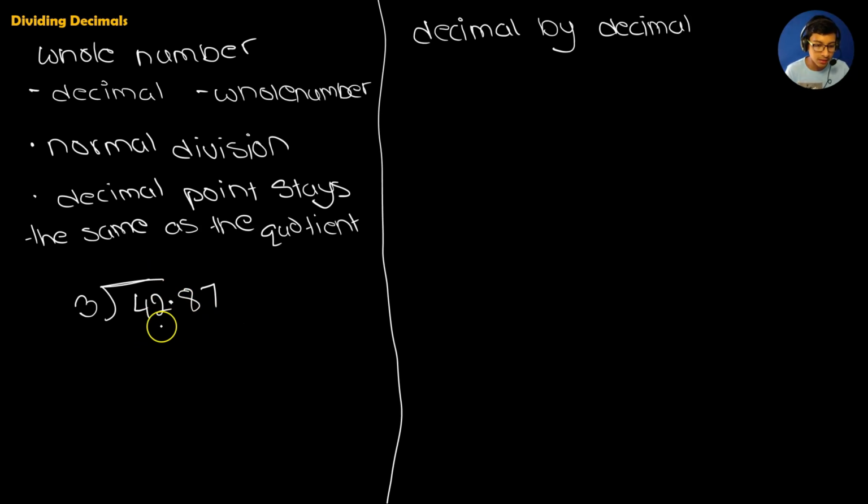So for example, 3 divided by 4 once, 12, 4 into 3, 4, 12.